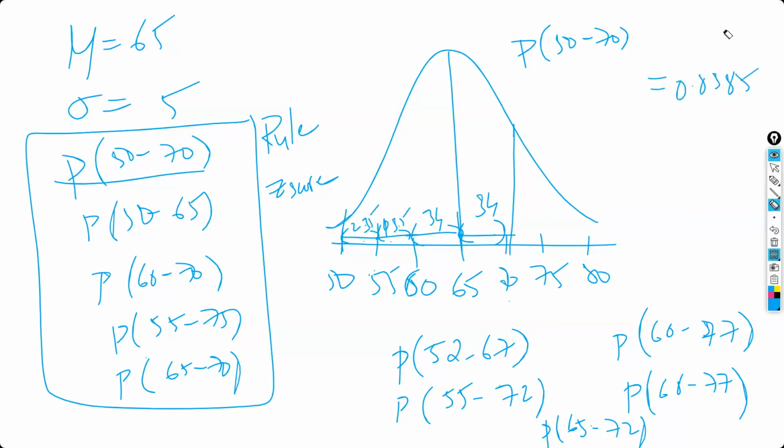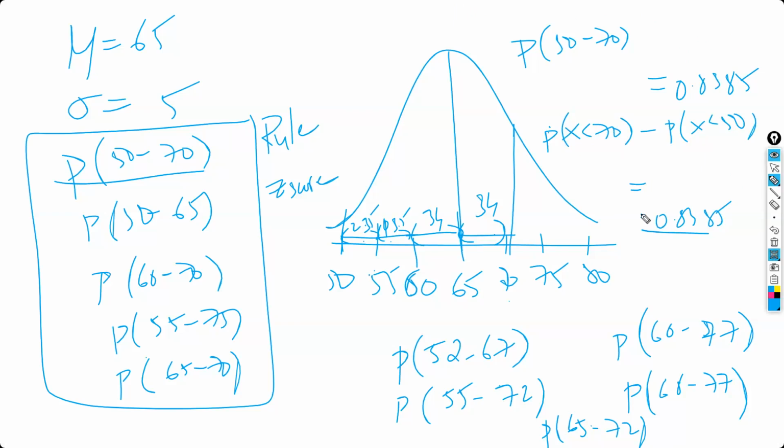Now using the second option, I'm going to calculate P(X < 70) minus P(X < 50). From that also I will get 0.8385 only. Is that clear? So two options we have to try.